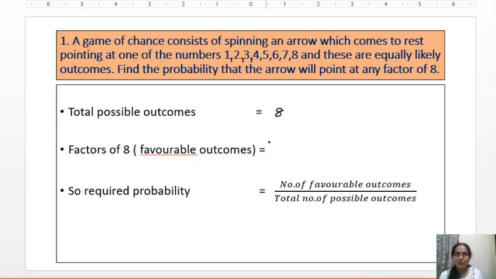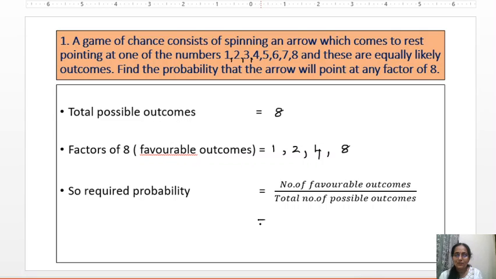What are the factors of 8? How many factors are there? Among these numbers, 1 is a factor of 8: 1, 2, 4 and 8. These numbers are factors of 8. Then the number of favorable outcomes is 4, right?